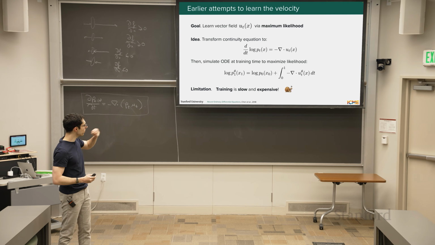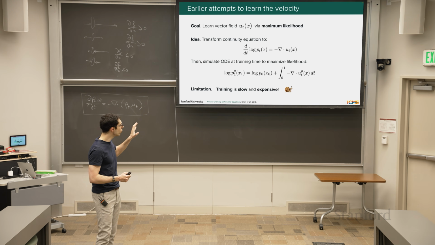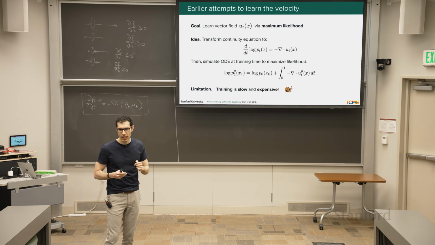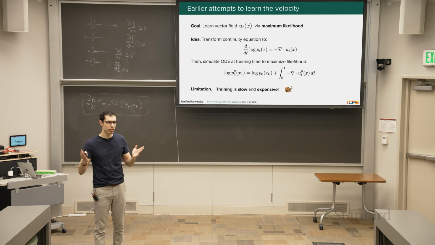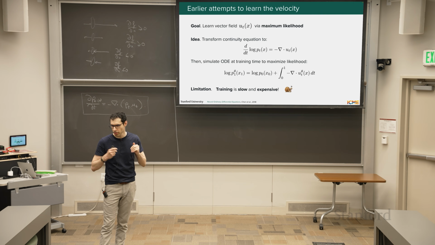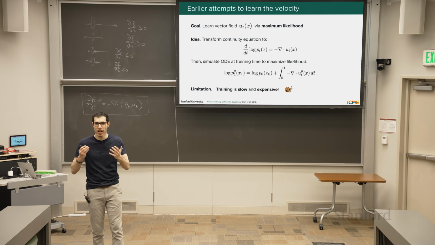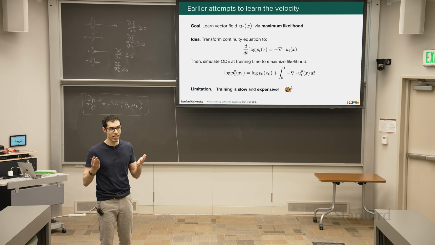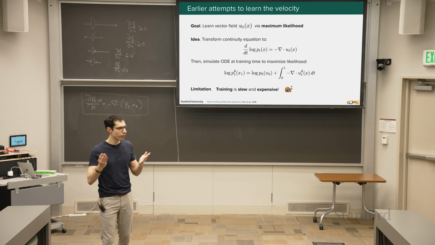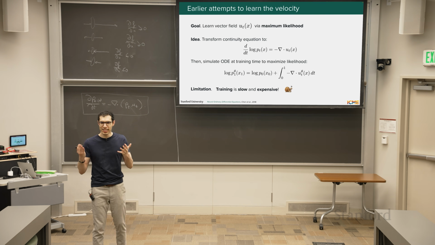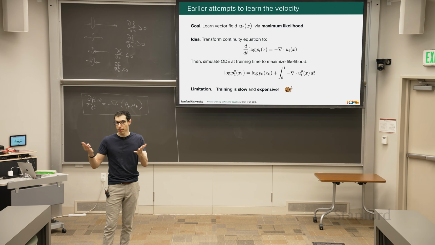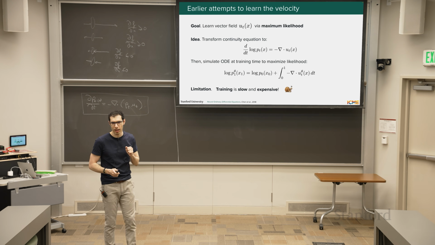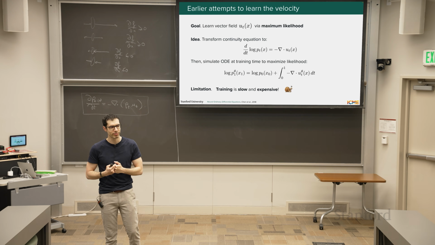So if you know log p0(x0), and if you know the vector field, then you can compute this quantity. And so what that paper was doing, which is called continuous normalizing flow, was that it was trying to learn the parameters θ by maximizing the likelihood of your training set under θ, and it was computing the likelihood using this formula.